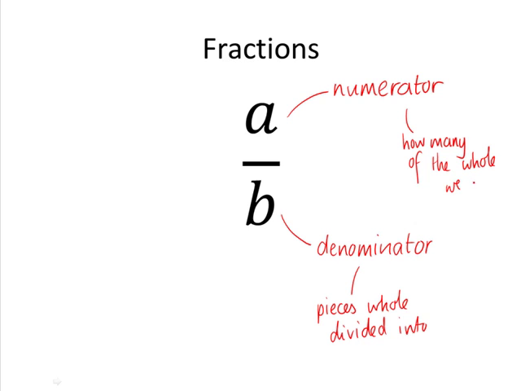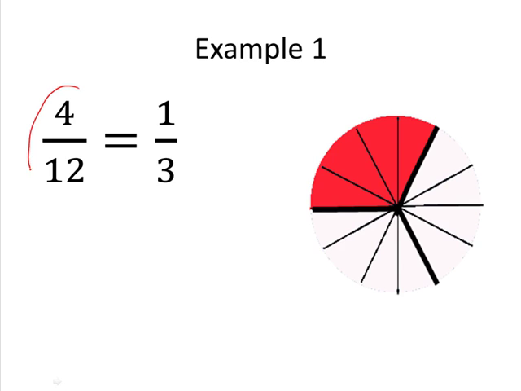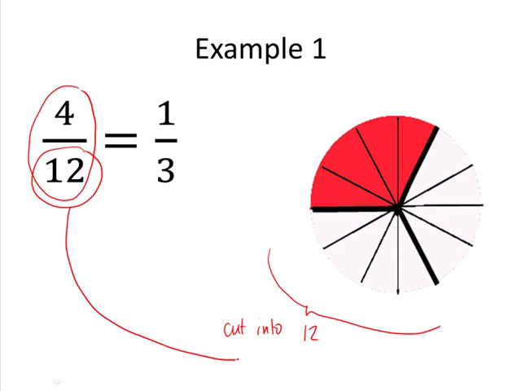For example, 4 over 12 can be thought of as we have a pie, we cut it into 12 pieces, so the whole is divided into 12 pieces, 12 being the denominator, and we can eat 4 of those 12 pieces. So we get 4 out of the whole if the whole is divided into 12.